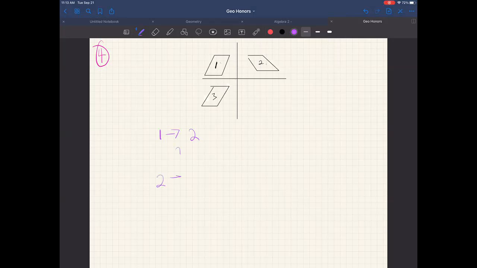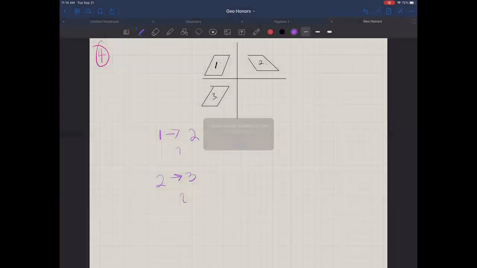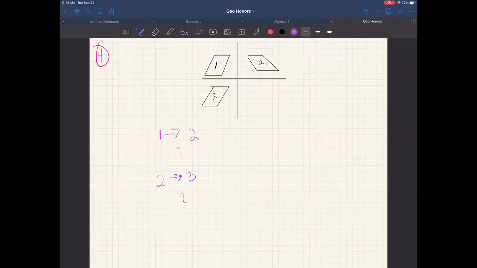And then from 2 to 3, what transformation? So think about it, put it in the chat, and then we'll go through it. How do you get from 1 to 2 and then 2 to 3? That's what's being asked.